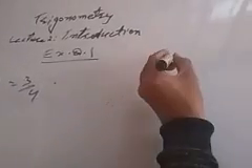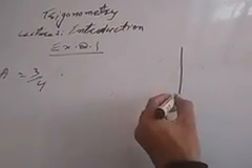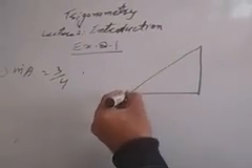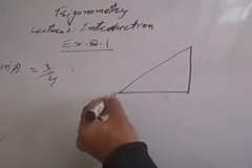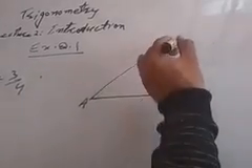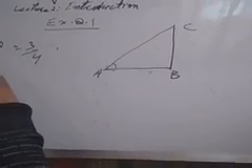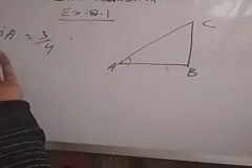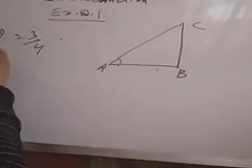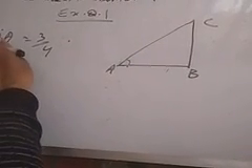So first of all, you will make a right triangle. This is a right triangle, A, B, C. Whenever sin A or sin C is given, take that angle as an acute angle.